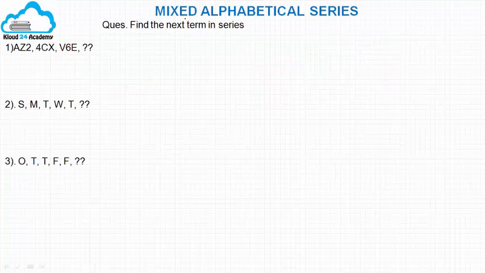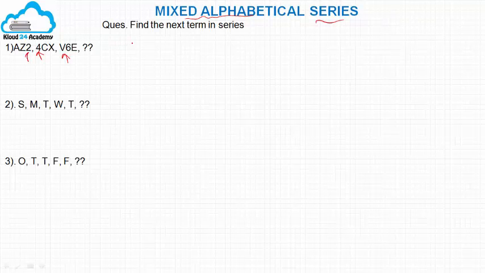Next is mixed alphabetical series. So questions very easy. Again pause the video, try to solve it yourself. I hope you'll be able to solve it. Question number 1 is AZ2 4CX V6E question mark. So we can see there's 2 here, then 4, then 6.